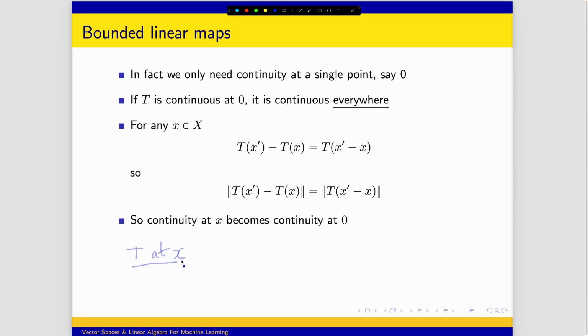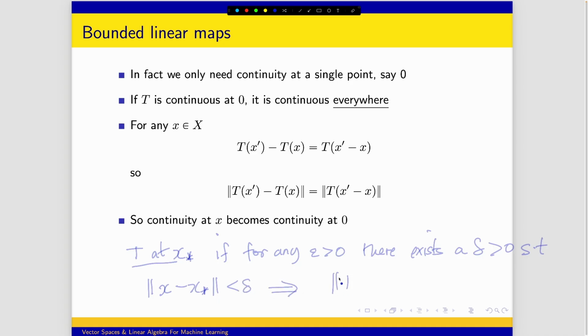T is continuous at a point x equals x star if for any epsilon greater than 0, there exists a delta greater than 0 such that the norm of x minus x star less than delta implies the norm of T(x) minus T(x star) is less than epsilon.